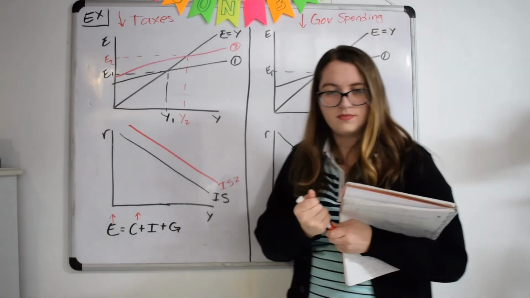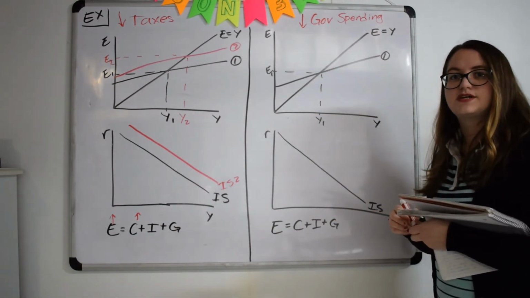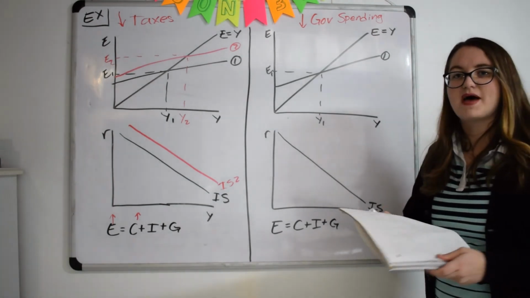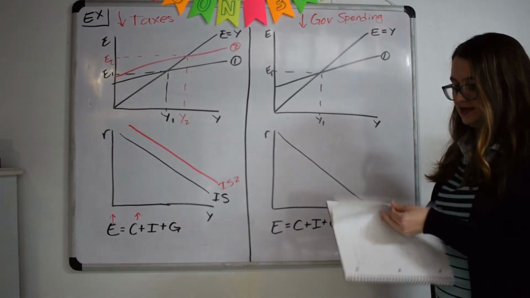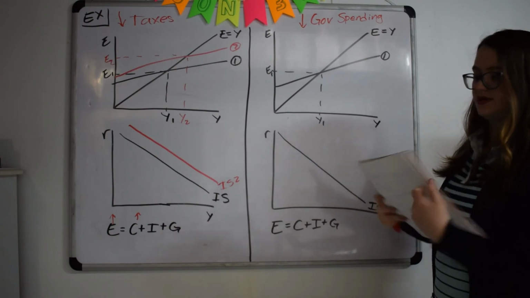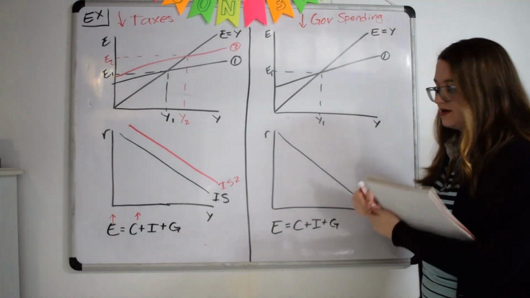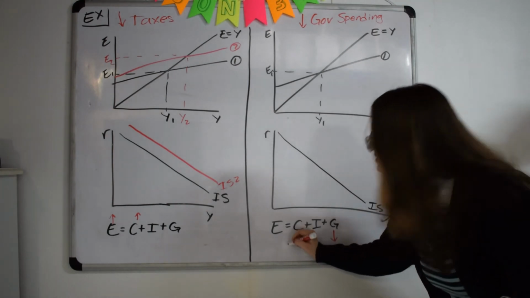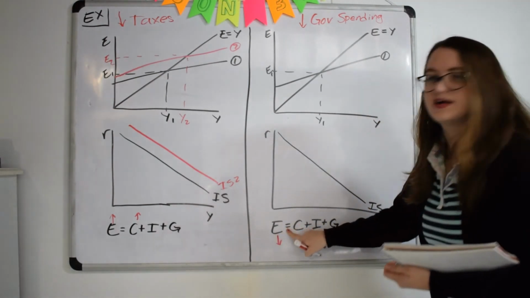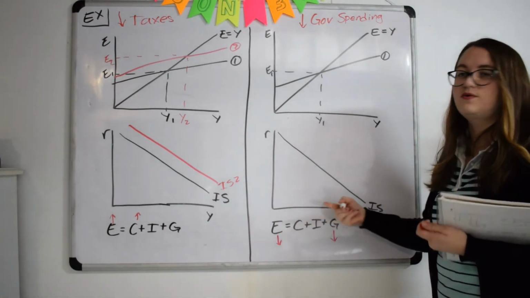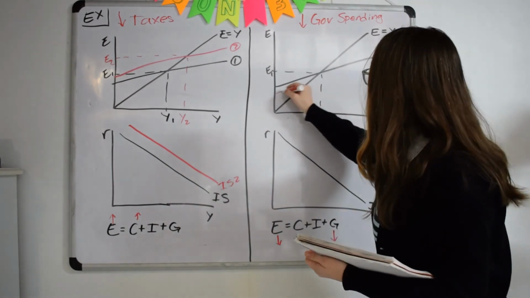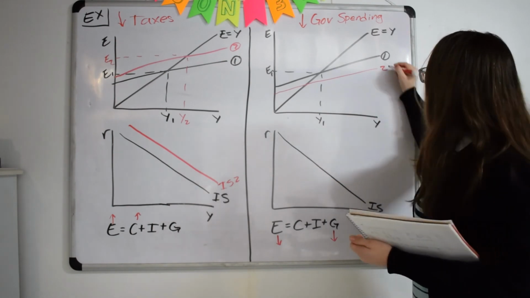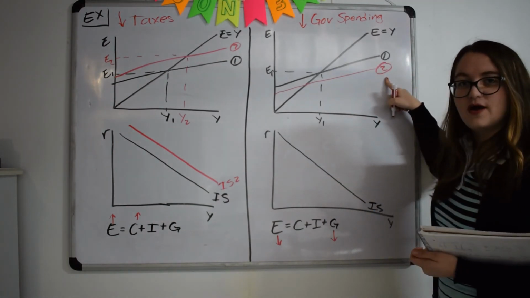Okay? The next question we're going to be doing is what happens when government spending decreases. So this one is very interesting because we have a decrease in government spending, which will decrease our expenditure, and we know when there's a decrease in the expenditure, we're going to shift, or tilt to be correct, this line down.